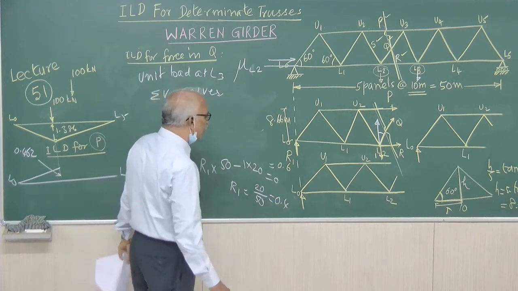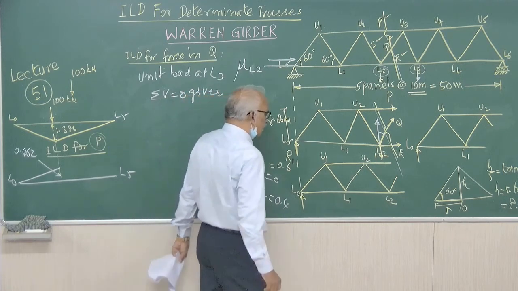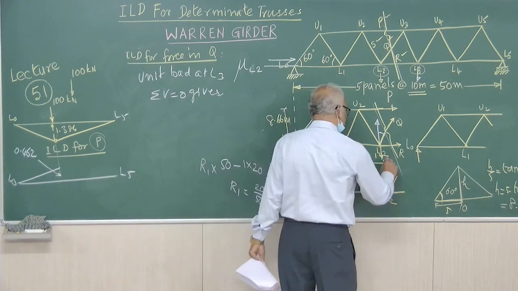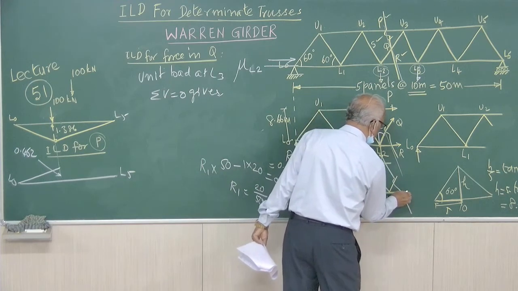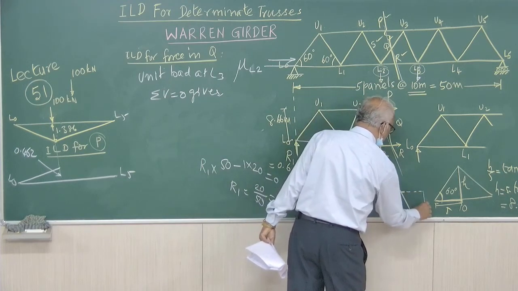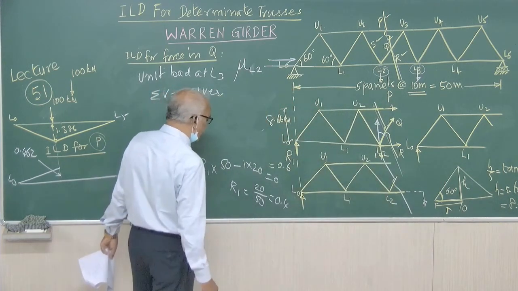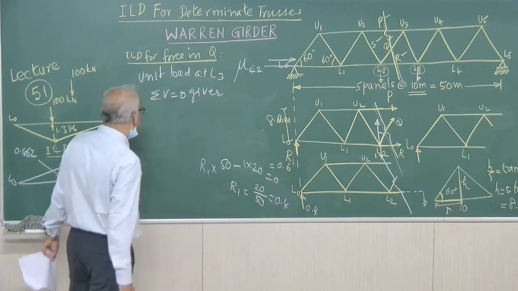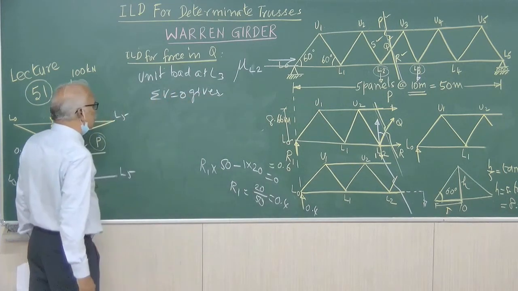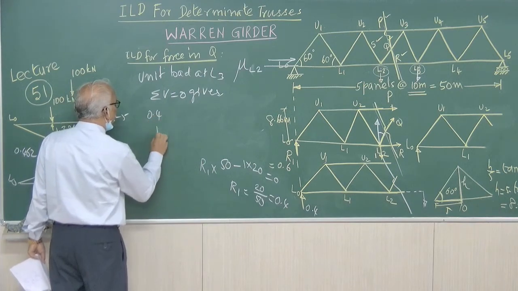So, when unit force is at L3, that is this is the cut section. Now, we are applying the unit force at L3 here, therefore, equal to 0.4. This value is 0.4.